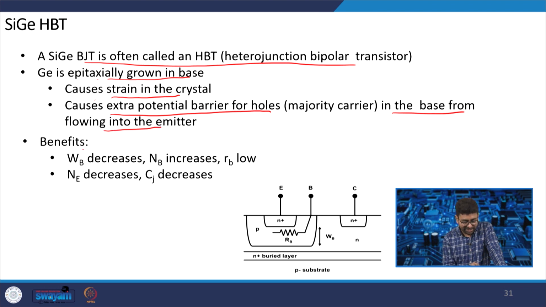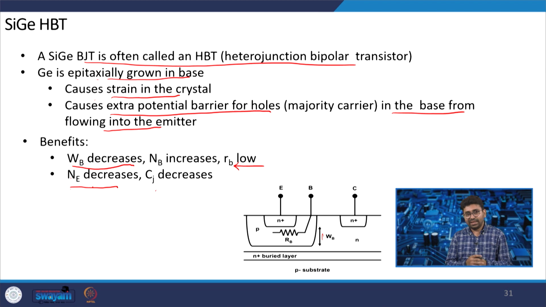What are the benefits of using this? If you try to decrease the WB, your base resistance will be low. But if you try to decrease your number of carriers, that is NE, your junction capacitance CJ also decreases, because the number of electrons you have reduced.